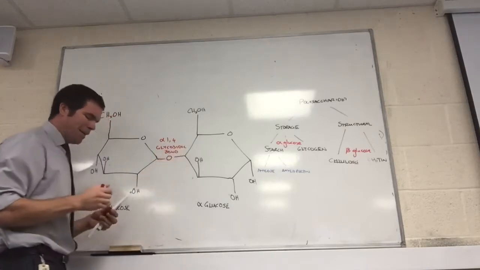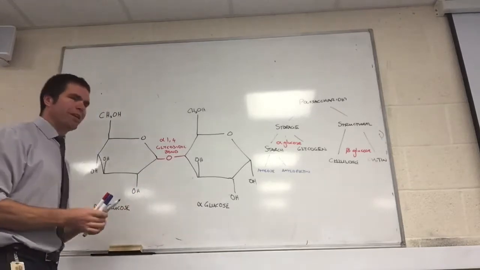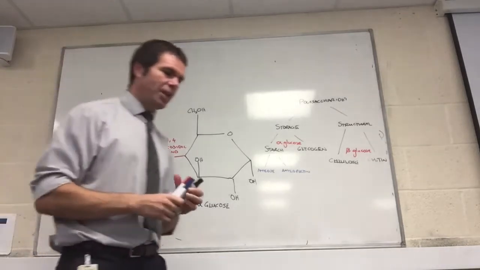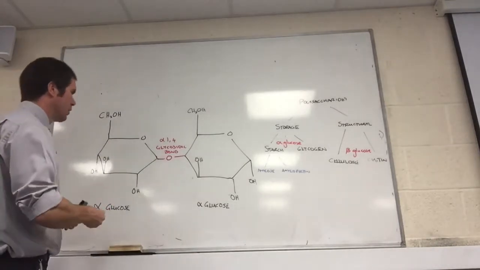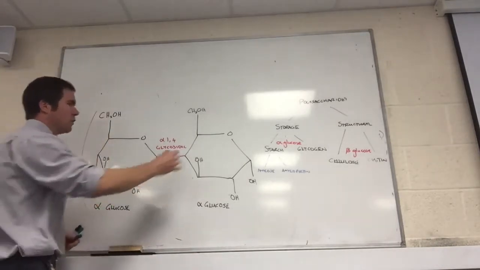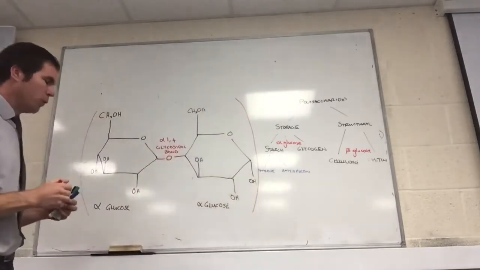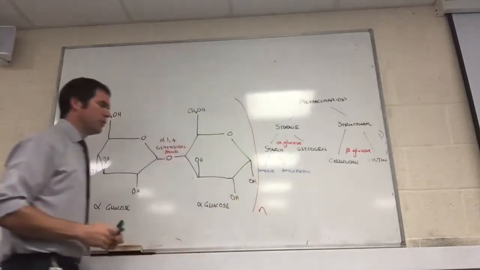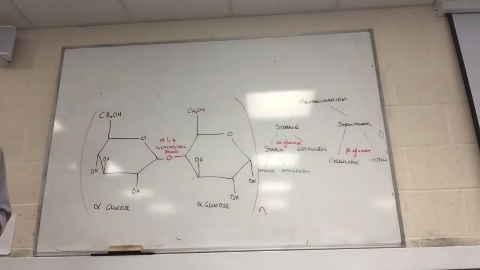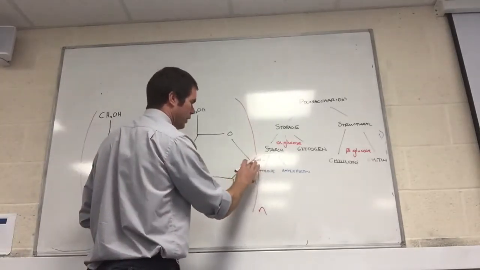And amylose, remember this, is one of the molecules which makes up the mixture that is starch. Amylose consists of repeated alpha glucose joined together by alpha 1,4 glycosidic bonds. We could put that times n. So we're just going to get that over and over again.